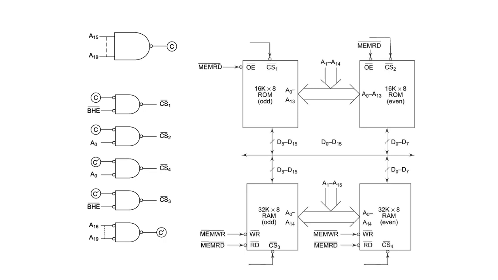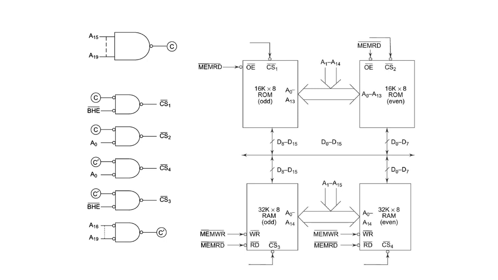Now, we said that the address lines A0 to A14 are used in the case of the ROM. So the remaining address lines A15 to A19 are used for the decoding logic. Similarly, in the case of the RAM, the address lines A0 to A15 are used, and the remaining address lines A16 to A19 are used in the decoding logic.